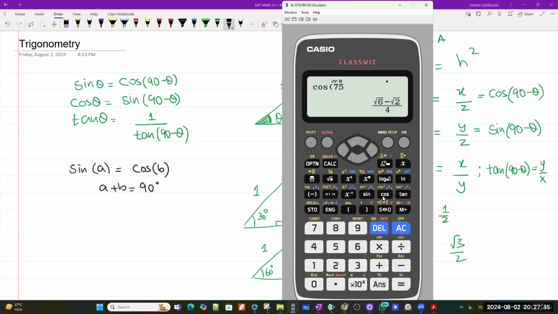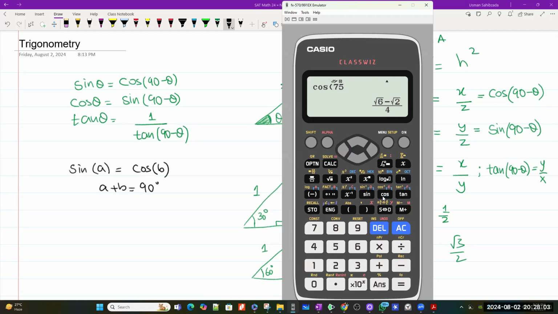Same answer. So the ratio of the sine of an angle is equal to the cos ratio of the same angle if it's subtracted from 90, that is, 90 minus theta.